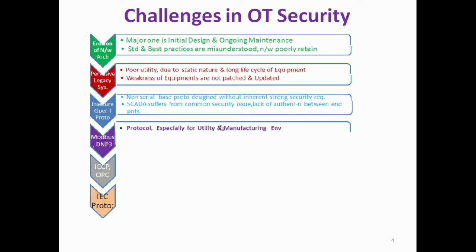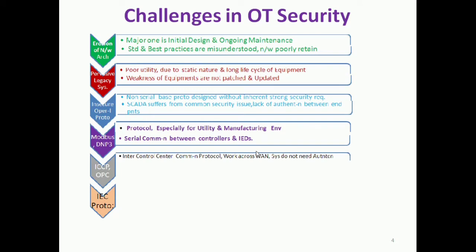The Modbus and DNP3 protocols are used especially in utilities, manufacturing units and transportation systems. These use serial communication between a controller and intelligent electronic devices, and belong to the Distributed Network Protocol and Modbus protocol.